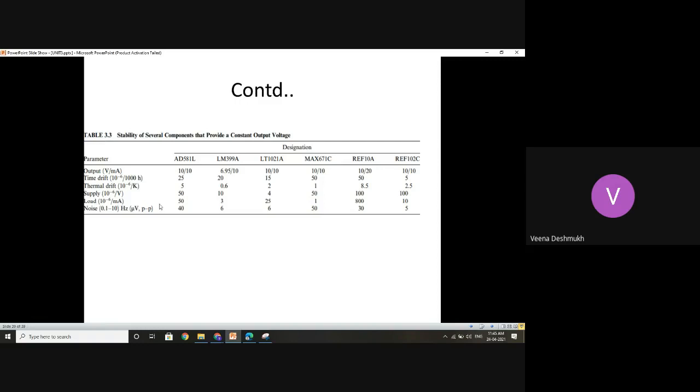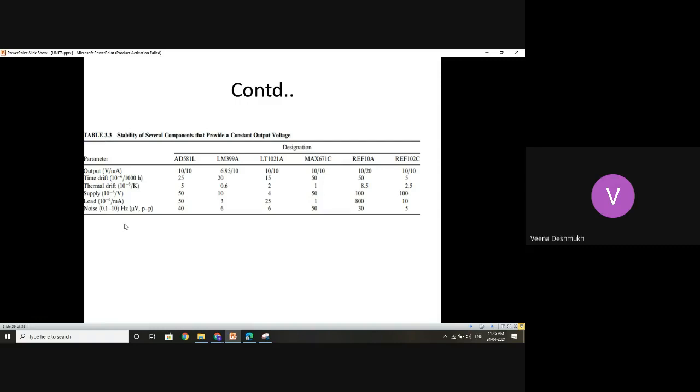So this is specifically more for AC circuits. For DC, there is the noise due to temperature, especially transistor noise, shot noise or thermal noise, due to the semiconducting material which is used in all our devices.